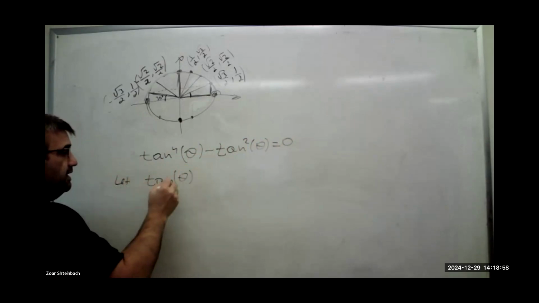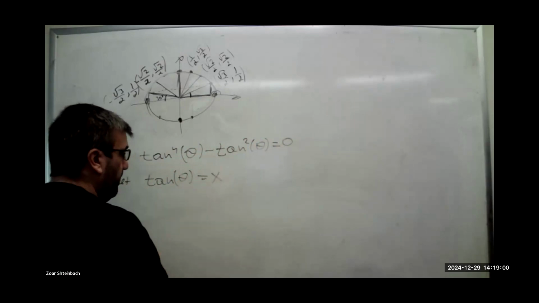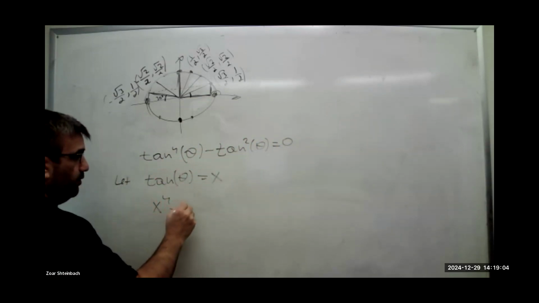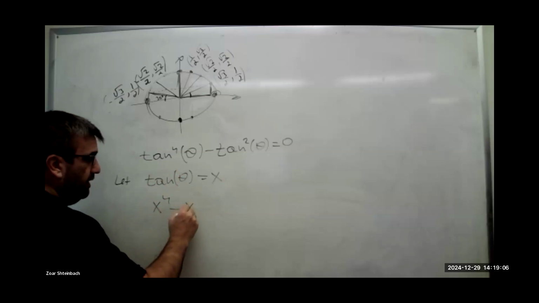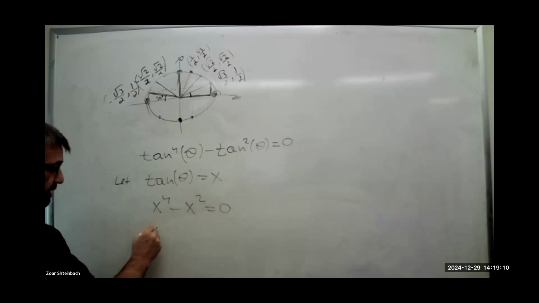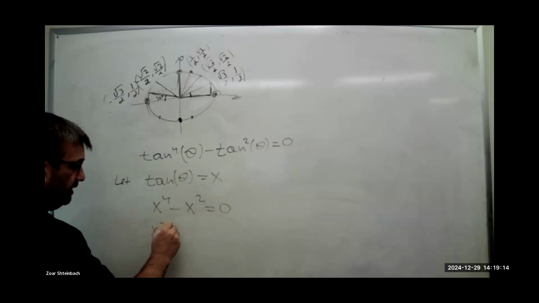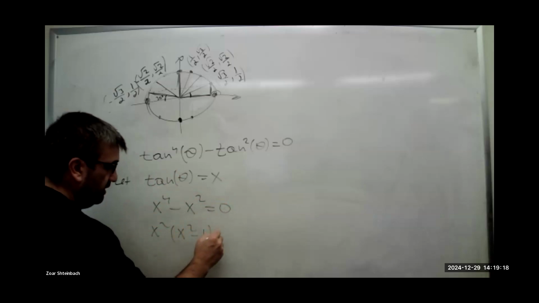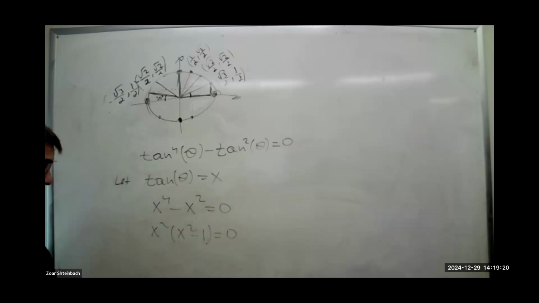let tangent theta equal x, and then we solve this equation: x to the 4th minus x squared equals 0. So we can factor x squared. Then we have x squared times (x squared minus 1) equals 0.